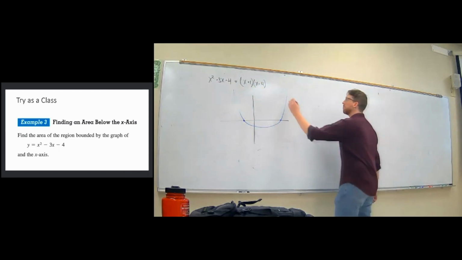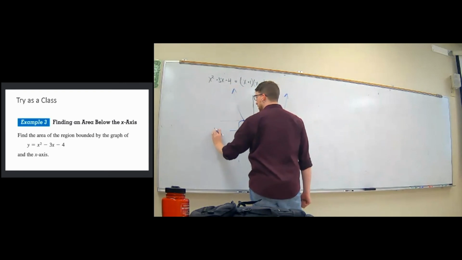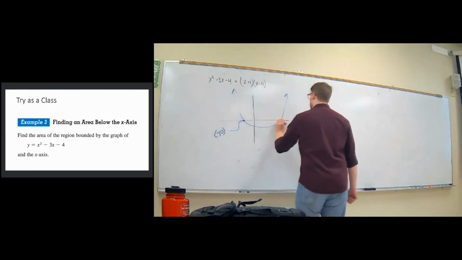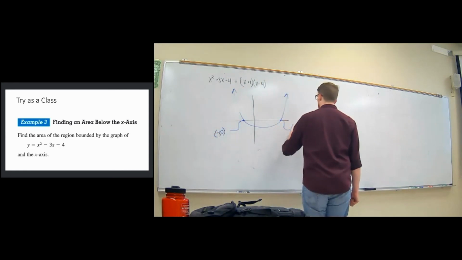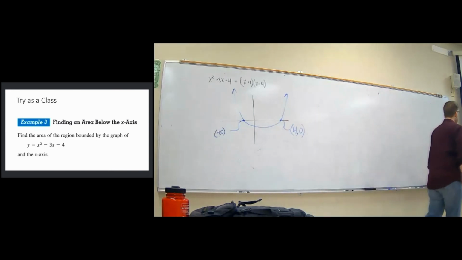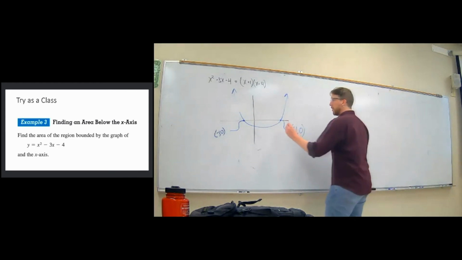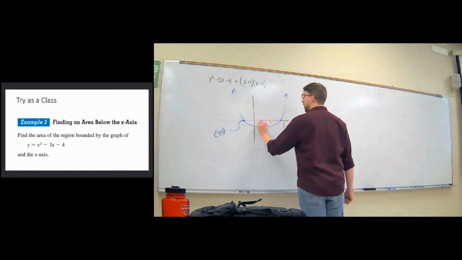Yeah? This is the point -1, 0. This is the point 4, 0. Now, the area bounded by our graph and the x-axis, that's just this stuff right here.